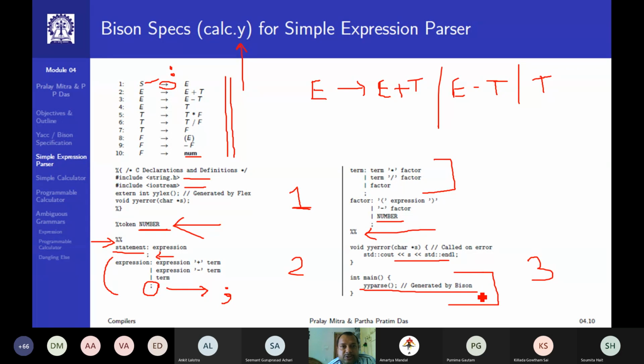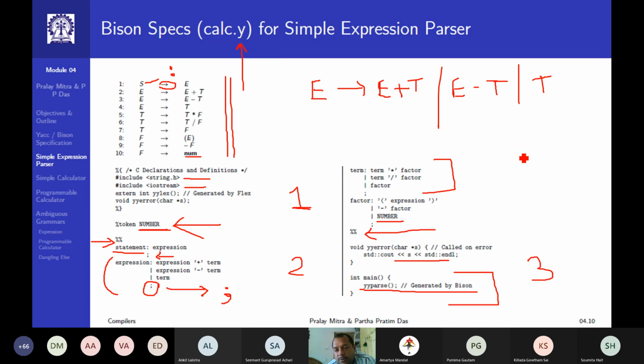Otherwise, if you needed to code everything in, say, the C programming language, it would take a huge amount of time. But you see that this production rule, everything, is coded by only this many lines. Now, if you call Bison with this calc.y, assuming you name your source code calc.y, it will be expanded to some C program.